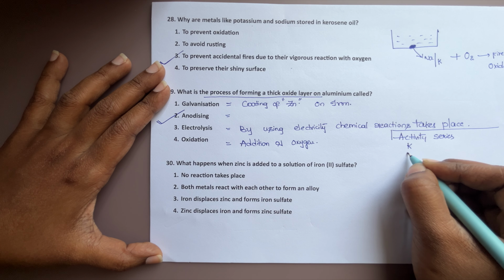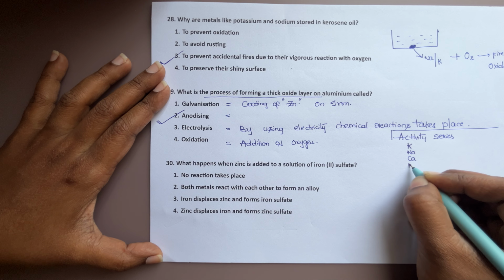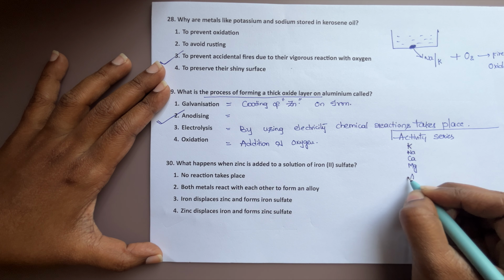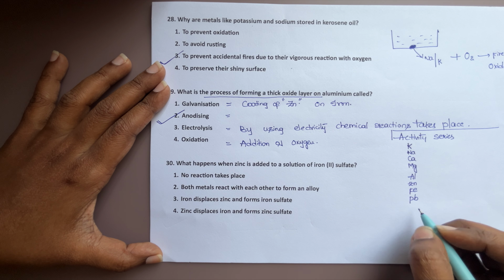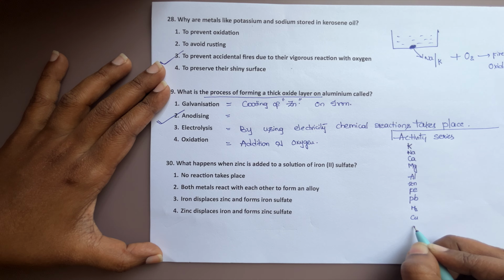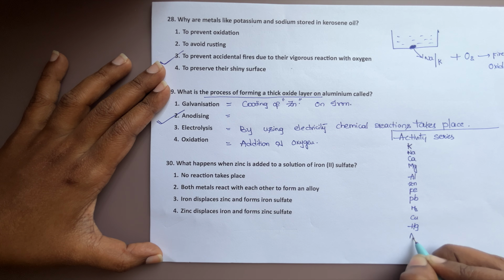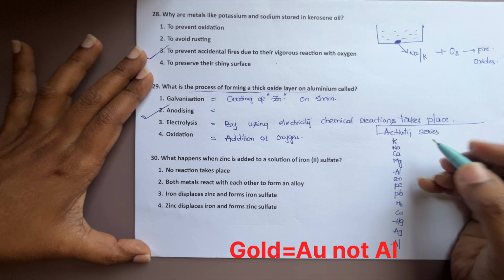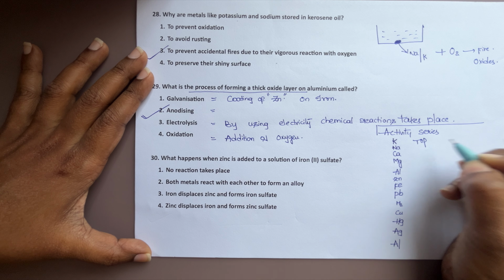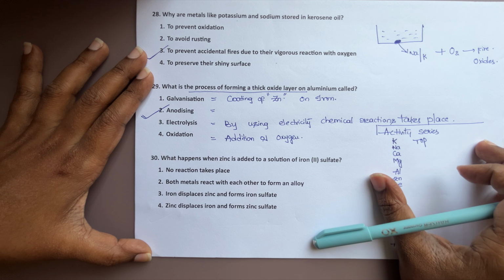That is potassium, sodium, calcium, magnesium, aluminum, zinc, iron, lead, hydrogen, copper, mercury, silver, gold. This point is the activity series concept.